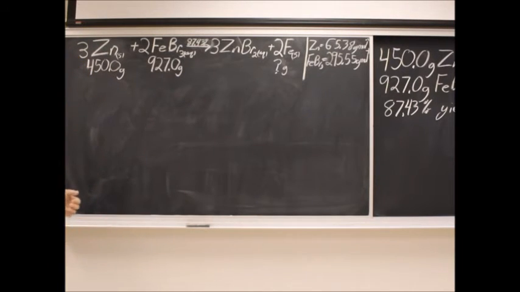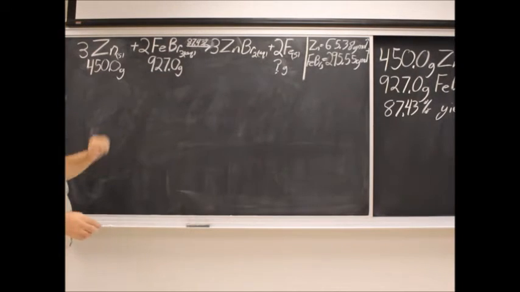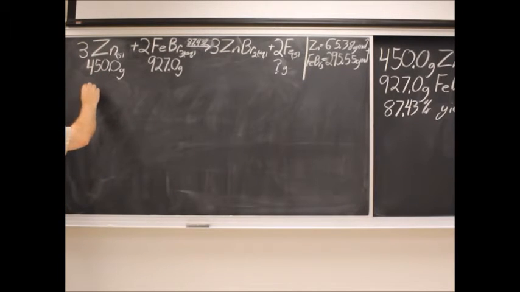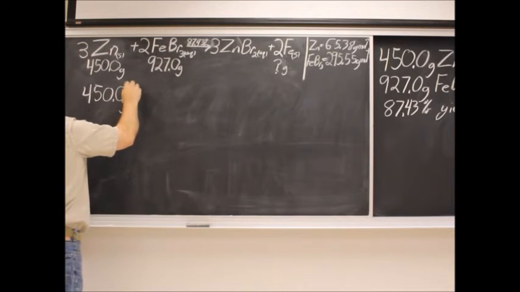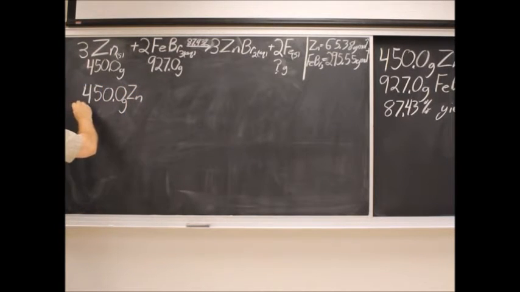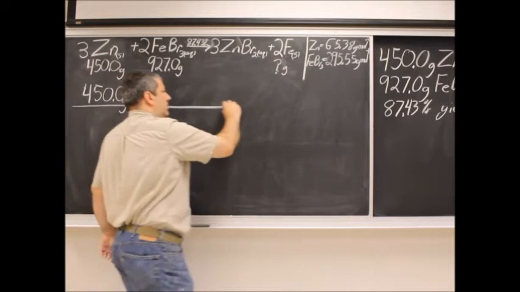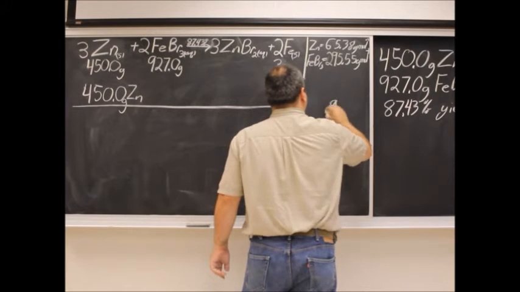So now we have to work through the problem. Again, pick one reactant and then go from there. So let's start with the zinc. We have 450 grams of zinc and we are trying to calculate grams of iron.